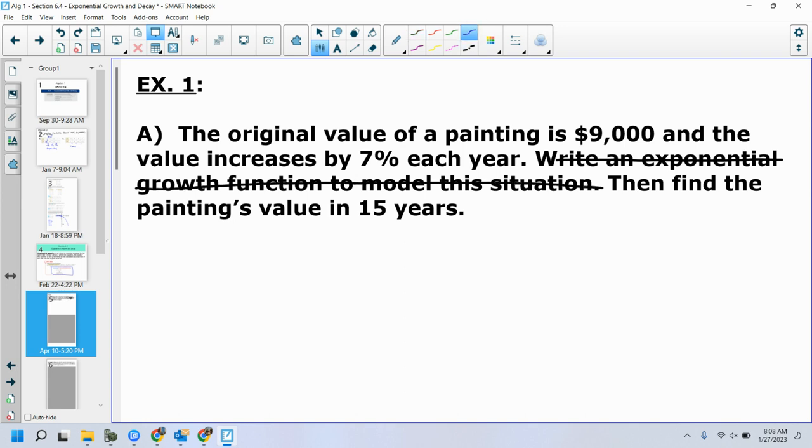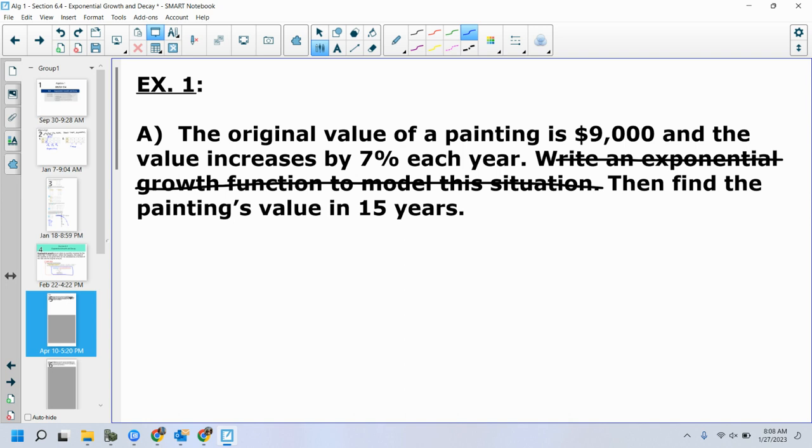sentence. Like on your state test, they don't tell you when to write a linear function versus an exponential function. What about that context should tell you that it's exponential? Without being told explicitly that it's exponential, what about that context is telling you that this should be an exponential function rather than a linear function?